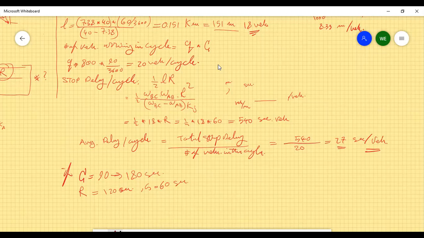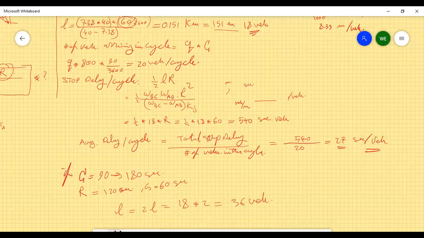Okay, let's see how this will affect our results. First of all, L will be 2L, double. So here we will have 18 vehicles multiplied by 2, here we will have 36 vehicles. As you can see here, it's the red time multiplied by 2.